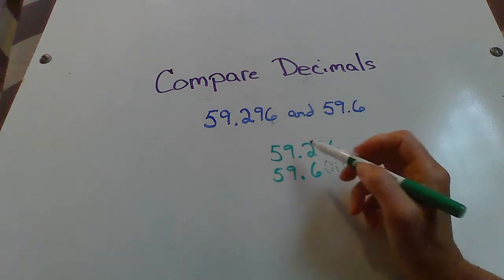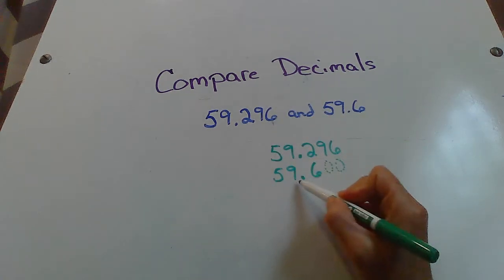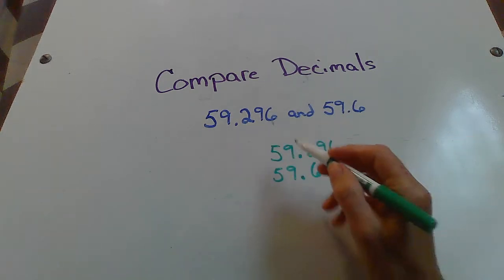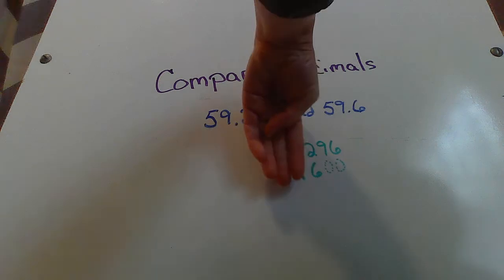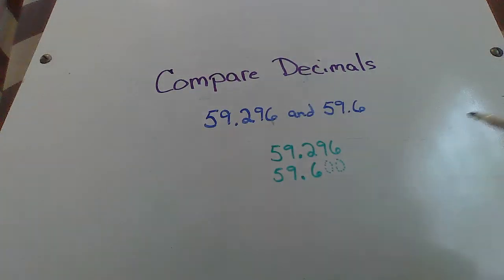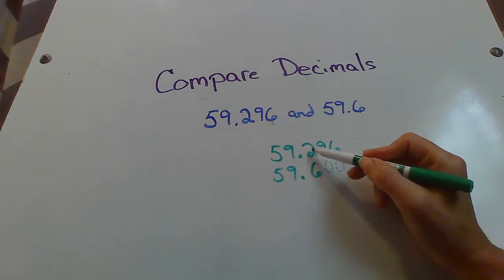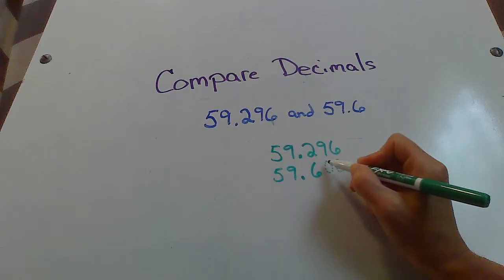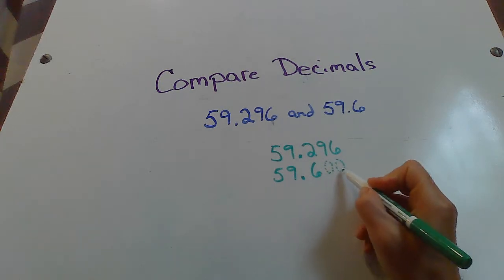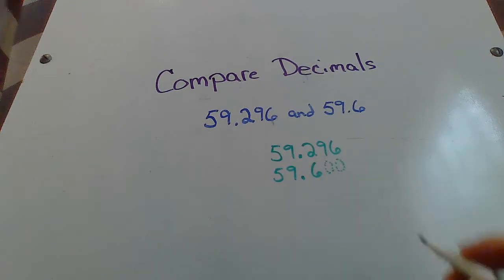So when you look at this, you'll see that, wow, their whole numbers, 59, are exactly the same. So I'm not going to look on this side. I'm going to look to the right of the decimal point. And you should notice really quickly that in the tenths place, there's different digits. So if you were to add on zeros, you would real quickly see that this is 600 and this is 296.